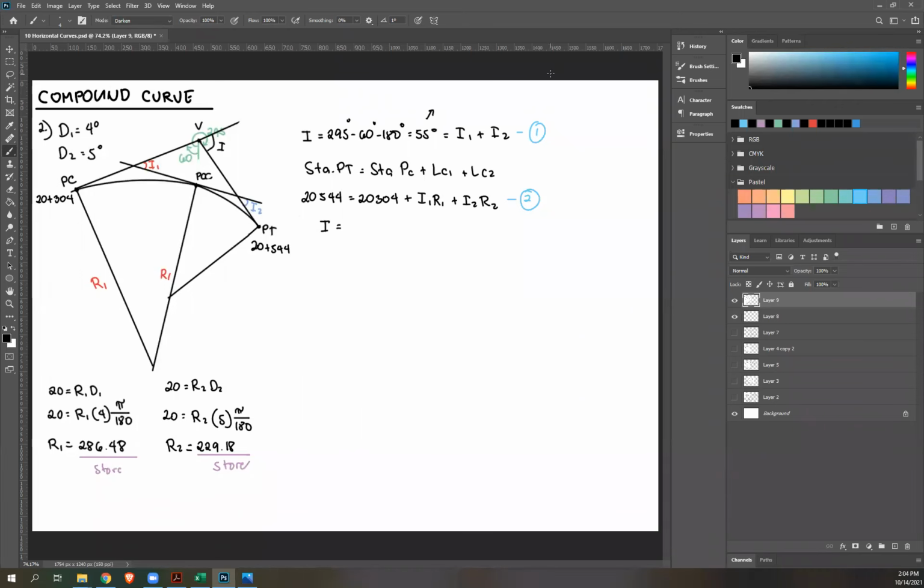Again, multiply this by pi over 180, you got an equation. R1 is this, R2 is this, what's I1? Now, for those having trouble using your calculator to solve for simultaneous equations, you can just use the equation mode of your calculator. Ax plus by equals c.